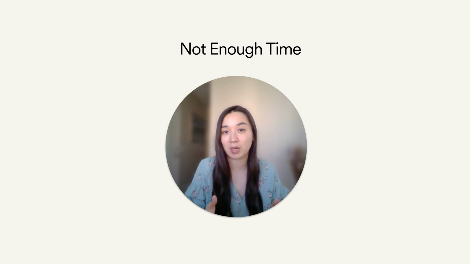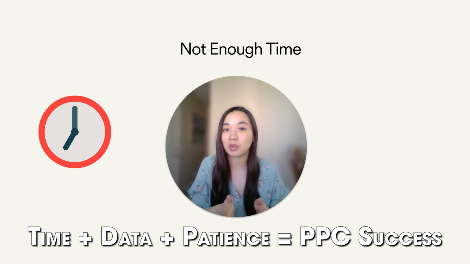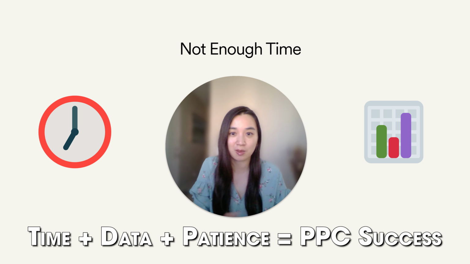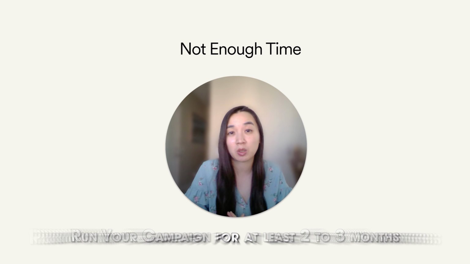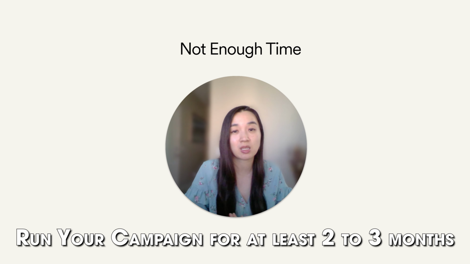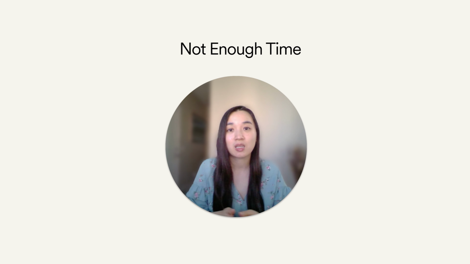So what I like to tell my clients is that time plus data plus patience equals pay-per-click marketing success. And in order to properly measure success, a campaign should really be running 2 to 3 months. So that's about 60 to 90 days to get really dialed in and see the best possible results. And I know that's also going to depend on seasonality.